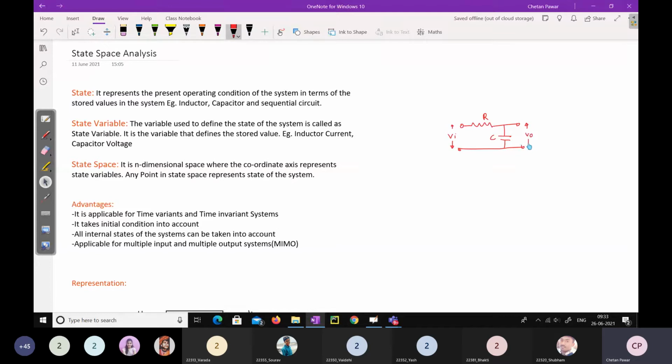What I will do is apply one pulse to this particular filter, which is having the magnitude 5 volt. This will be the VI. This pulse I will apply.